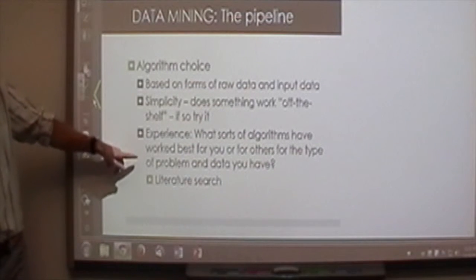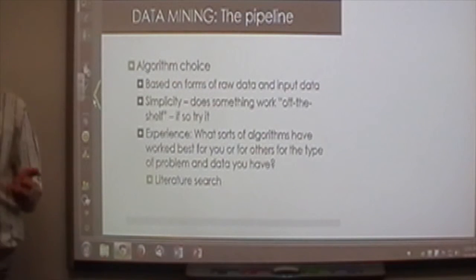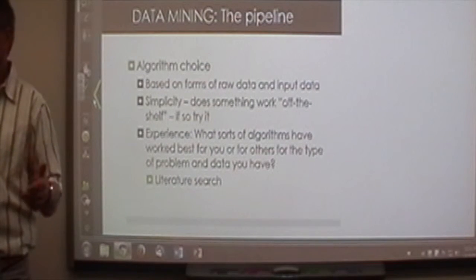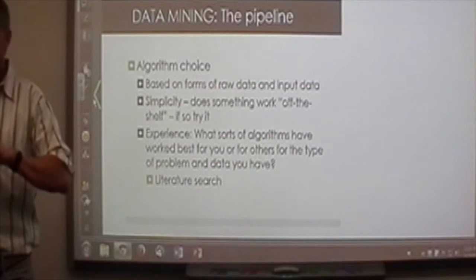Well, so here's this experience. What sorts of algorithms have worked best for you or for others for the type of problem at hand? And there are different types of problems. Text classification is different than, say, correlation type stuff.